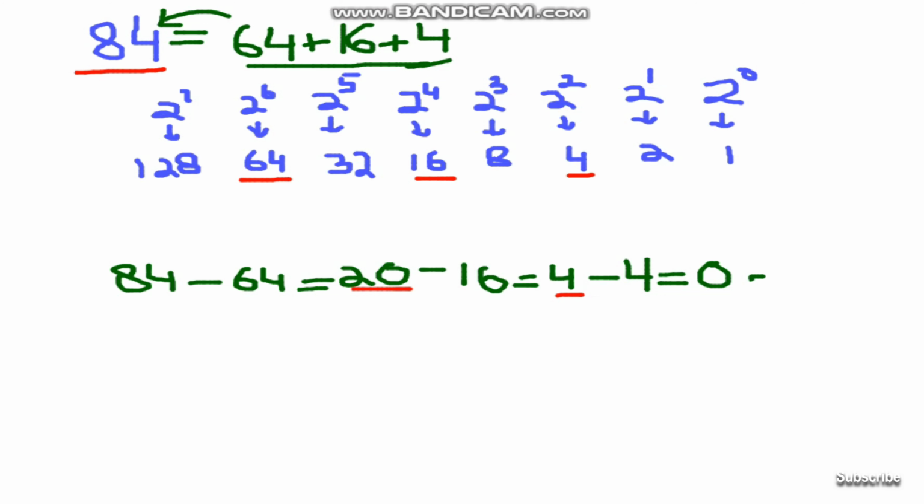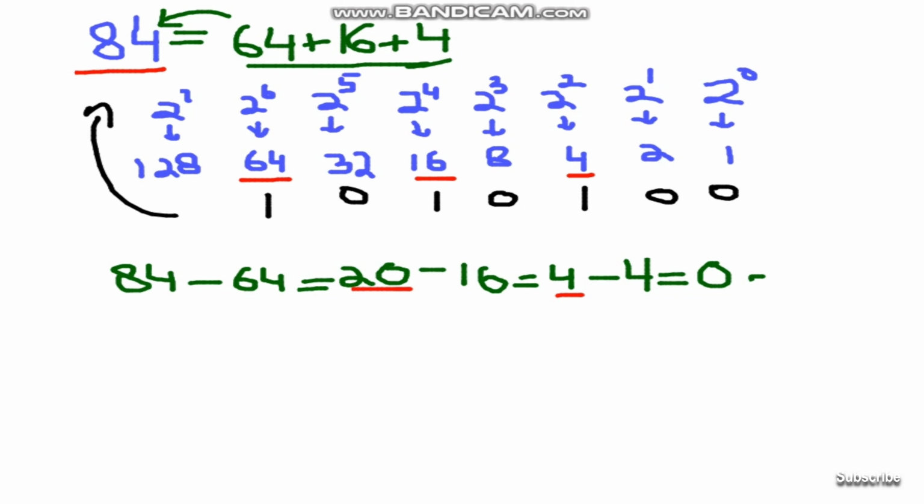Now how will we convert it into binary numbers? Let me show you. Here we have 64, 16 and 4. What we'll do is place 1 under these numbers and 0 under the numbers that are not in our use or not giving us the number 84.